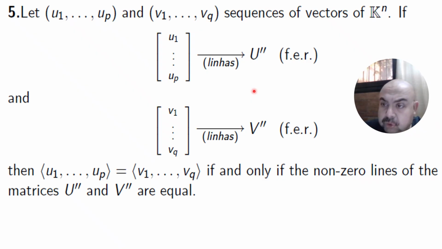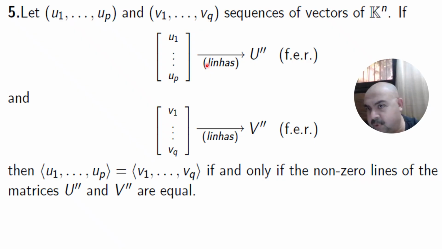So if we want to describe it on rows, the process is really very simple. All I have to do is to use the vectors as rows in the matrix of the basis, and then start doing row operations.